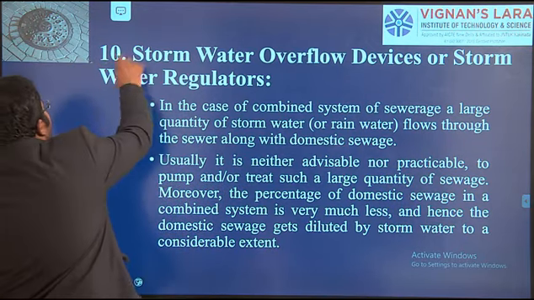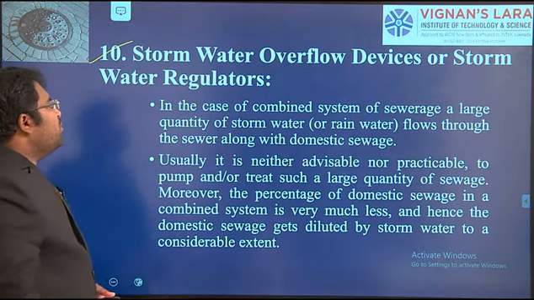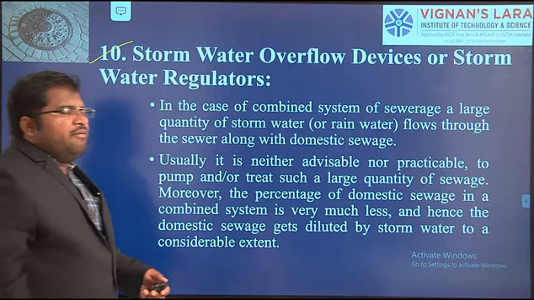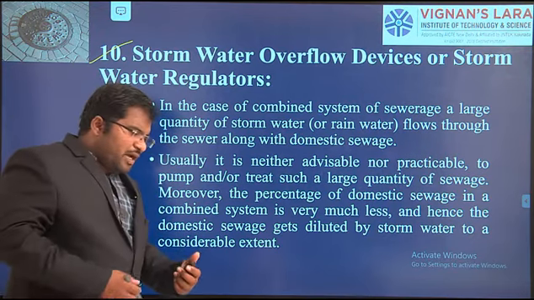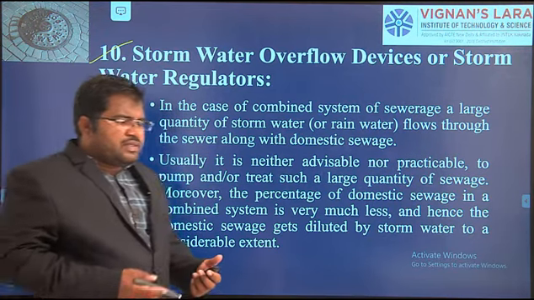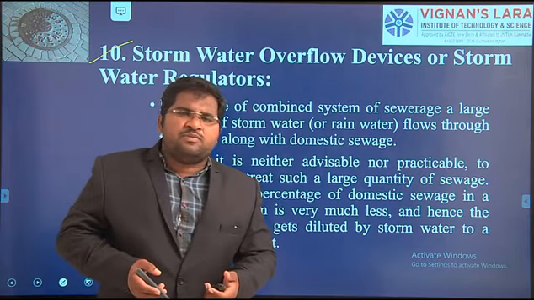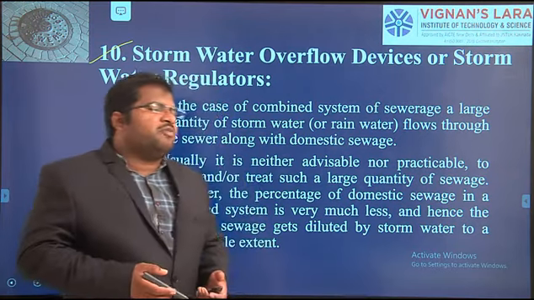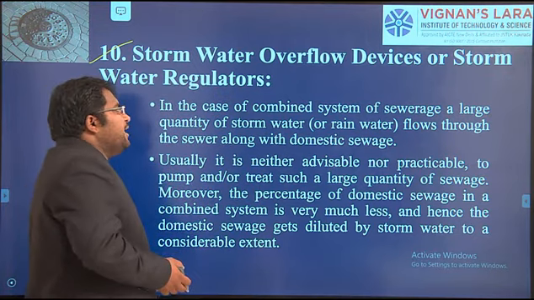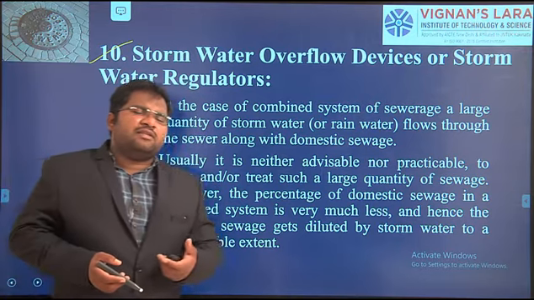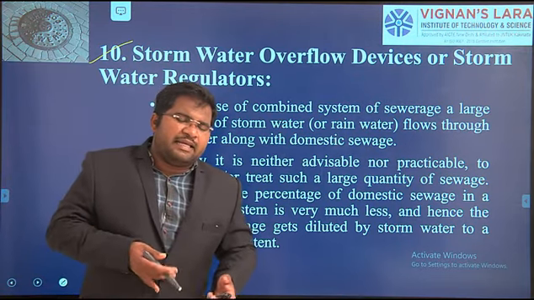So next, the last, the 10th one, is called stormwater overflow devices or stormwater regulators. Whenever you have excess stormwater, you have to have an outlet. In the partially separated system, we discussed that initially a sufficient amount of stormwater along with the sewage will be taken together in a pipe.